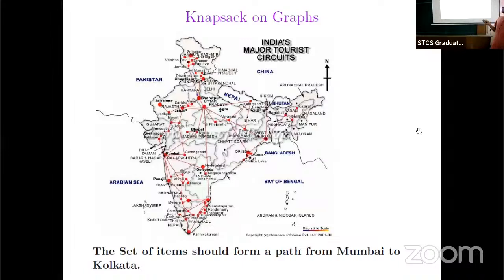So here also, if you see, I have an underlying graph, and visiting each city incurs a certain cost, and I have two special vertices, and my knapsack solutions are paths between these two vertices. I want to go from city X to city Y, and visiting each city incurs a certain cost and gives me a certain incentive. So here the solutions should be maybe the set of all paths from Mumbai to Goa.